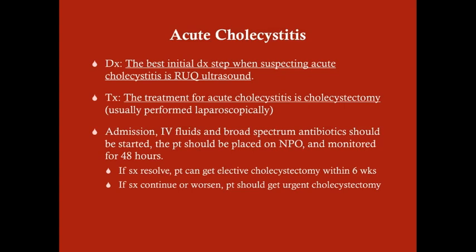So what we do, and this is important to know for Step 3, is admit the patient, give them IV fluids and broad-spectrum antibiotics. Those antibiotics should cover, because remember we're in the abdomen, gram-negatives as well as anaerobes. So something like metronidazole to cover the anaerobes, as well as ampicillin and gentamicin to cover the gram-negatives.